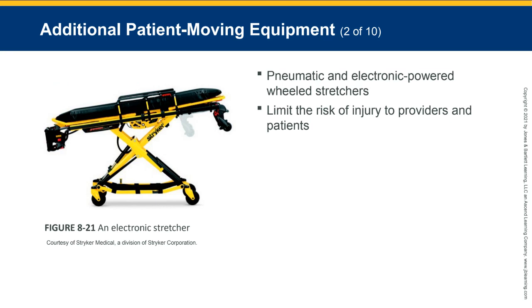Then you have your pneumatic and electronic powered wheel stretcher. This is the most modern stretcher. This is the one where you can press a button to adjust the height, and press a button to load the stretcher into the unit. It limits the risk of injury to providers and patients.